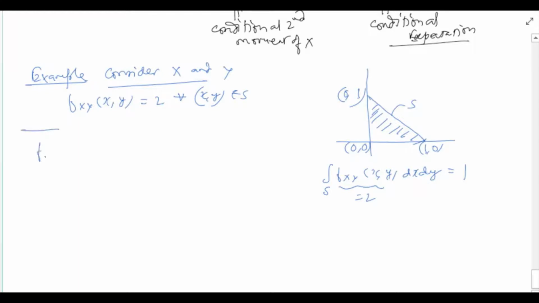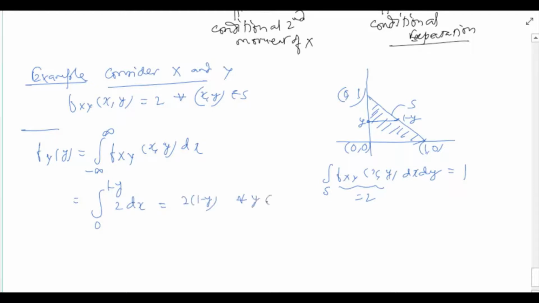So we want to compute f y of y. Notice that for fixed y, x can range from 0 to 1 minus y. So f y of y, which is the integral of f xy, xy, dx from minus infinity to infinity, turns out to be equal to the integral from 0 to 1 minus y of 2 dx, which is twice of 1 minus y. This is for all y in 0, 1.